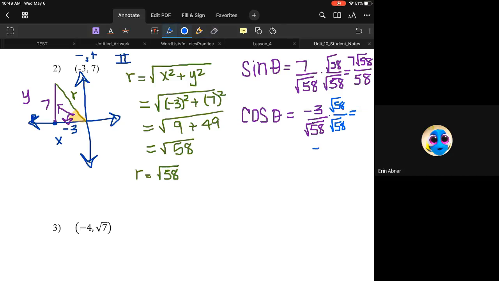So I'm going to end up with -3 square root of 58 over 58. That's going to be my cosine theta. Now I need my tangent.